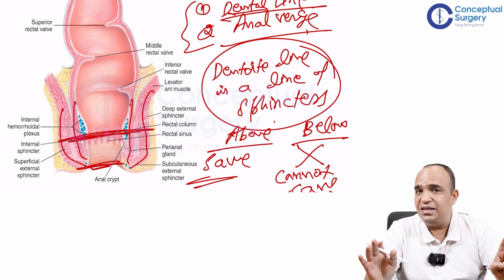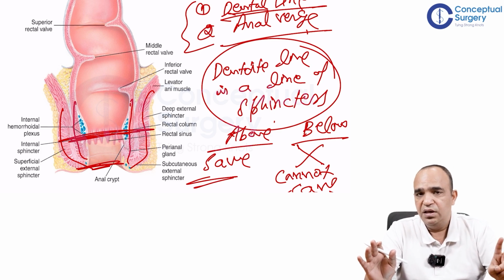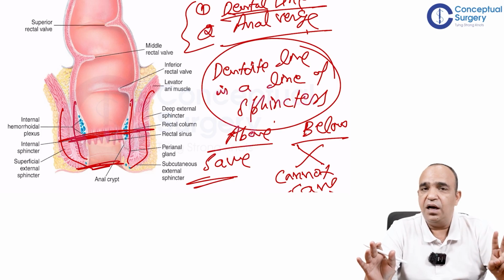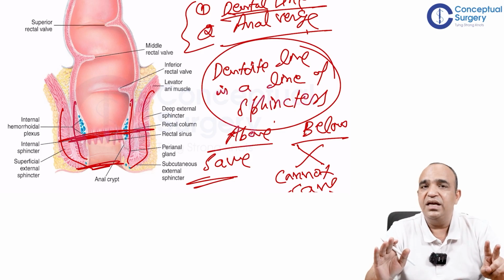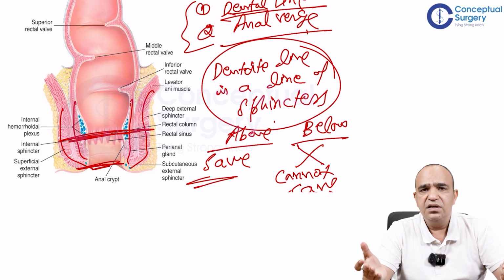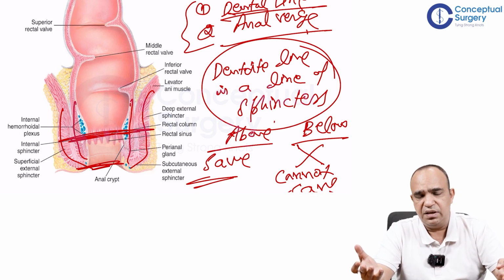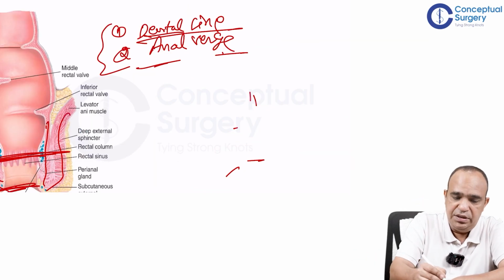If your resection is involving the dentate line, then you cannot save the sphincters. You have to remove it. If the resection is above the dentate line, preserved, then you can save the sphincters. You know the meaning of saving the sphincters. It's a big boon for the patient, right? A normal fecal passage.